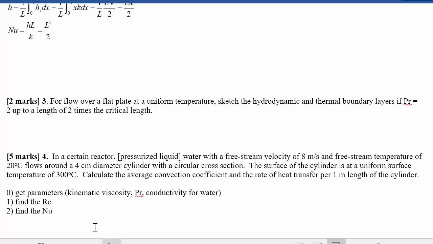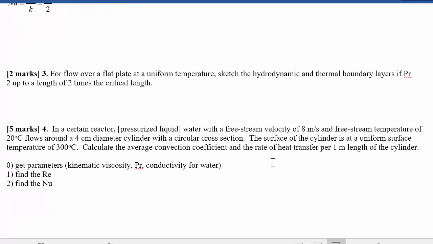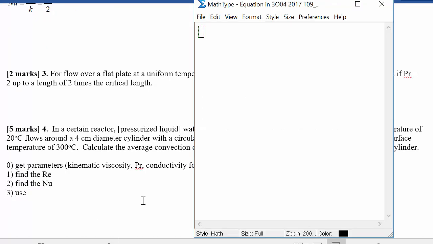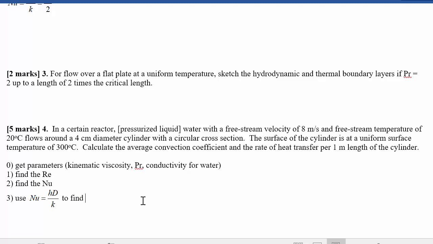Next part. Once we've got the Nusselt number, then we can use that to figure out the convection coefficient. Use Nusselt number is equal to h diameter over k to find h. So that's the average Nusselt number for the whole thing that we're going to need to figure out. Yeah, and then we can figure out the rate of heat transfer for 1 meter length of the cylinder.